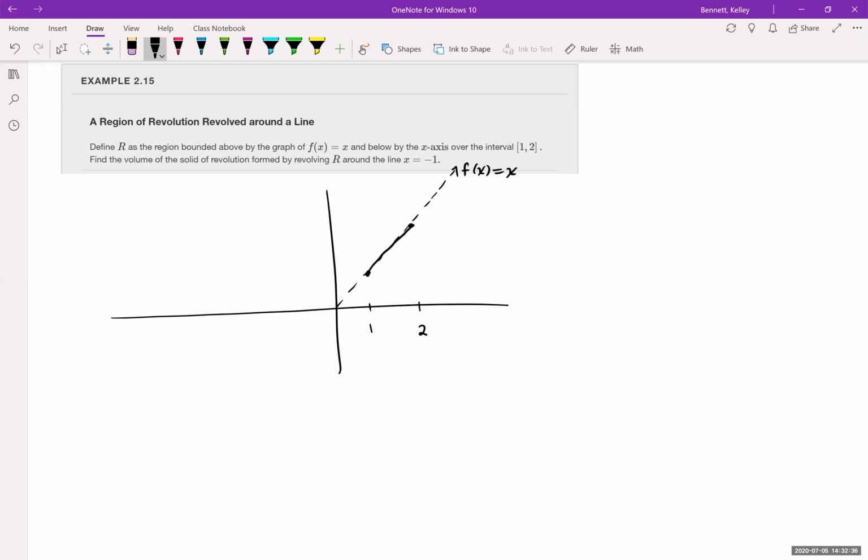Then this is my region. So this is also 1, this is also 2. Here's my region, and I want to rotate this about the line x equals -1.